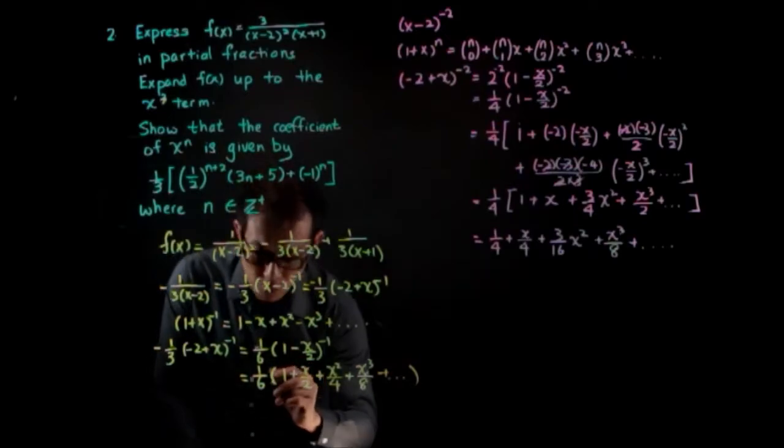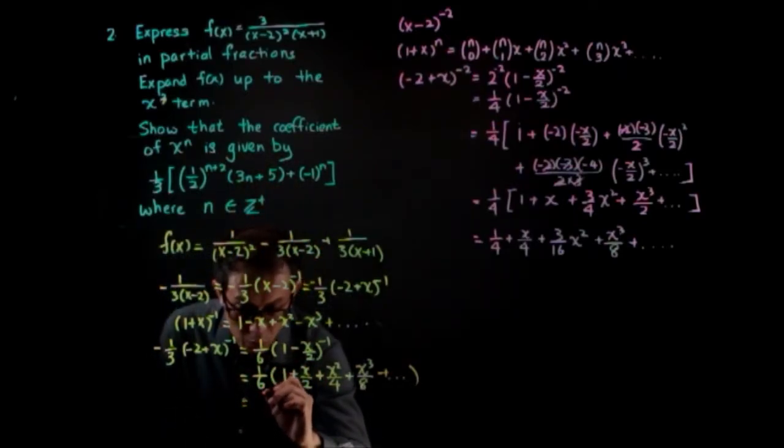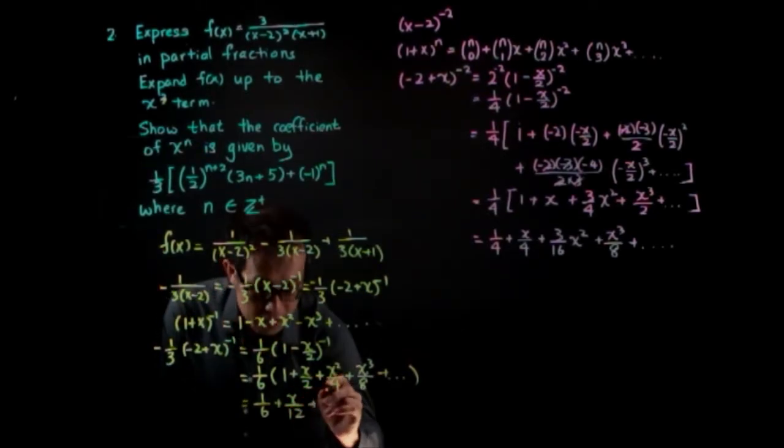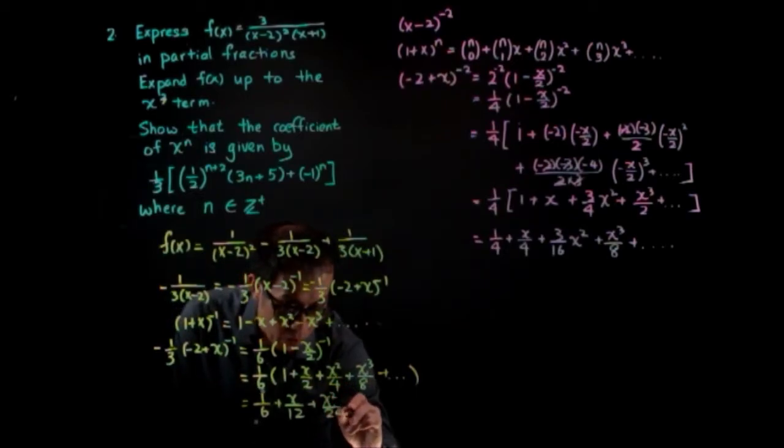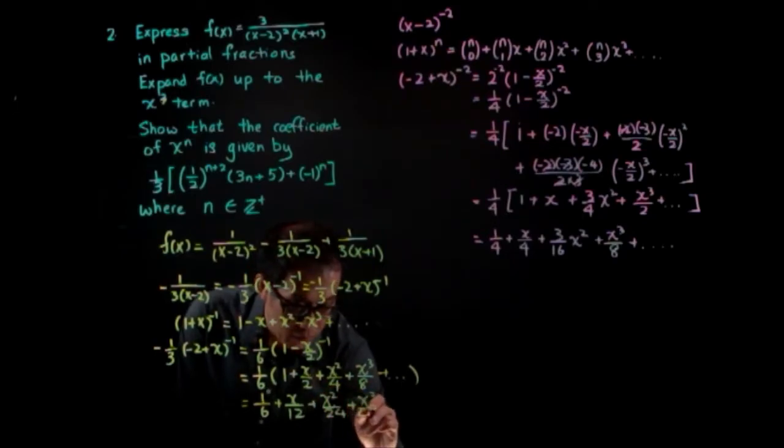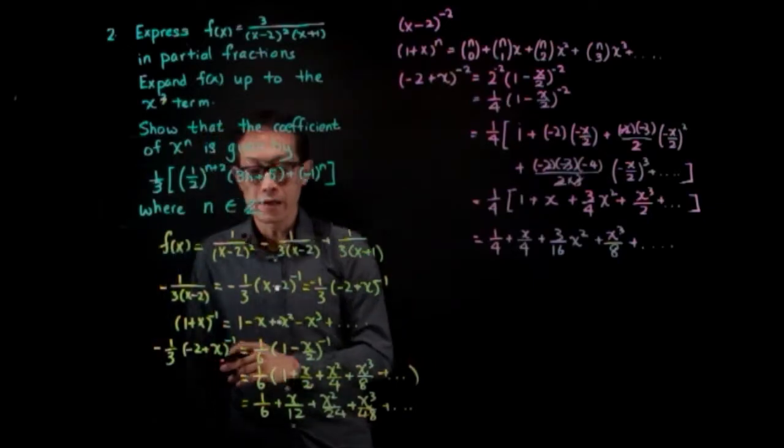Now you multiply the 1/6 inside, what do you get? You got 1 over 6 plus x over 12 plus x squared over 24 plus x cubed over 48 plus dot dot dot.